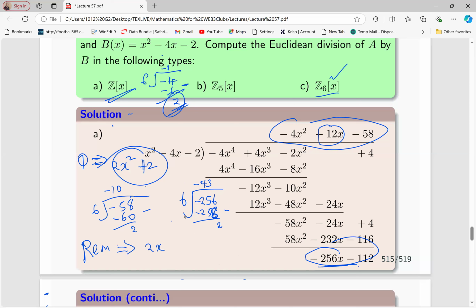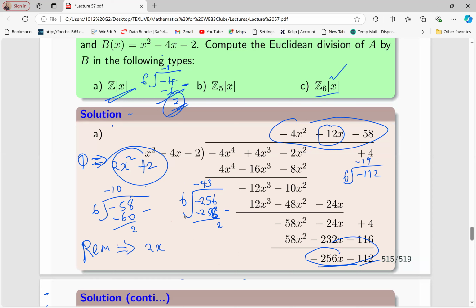What about negative 112? Negative 112 divided by 6. You now understand what I'm doing because that's what I'm explaining. My calculator says negative 18.66. So right here, negative 19.